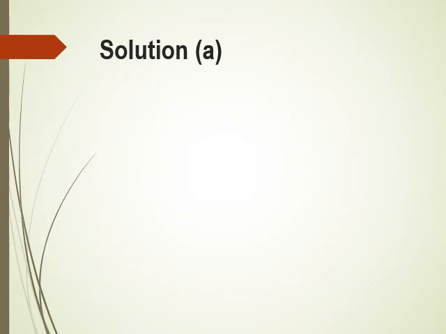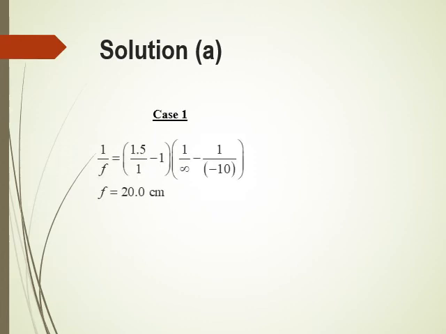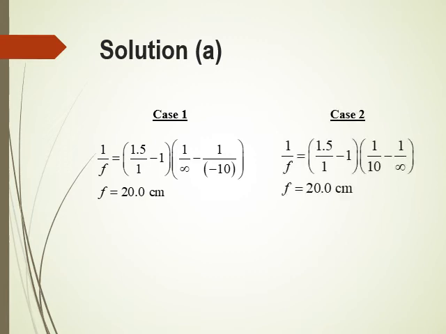Now that we have R1 and R2 for both cases, let us substitute them into the equation. For case 1, if you substitute R1 as infinity and R2 as negative 10, the focal length would be equal to positive 20 cm. Whereas for case 2, if you substitute R1 as positive 10 and R2 as infinity, you will still get f equals positive 20 cm.